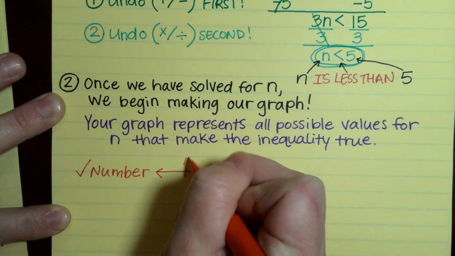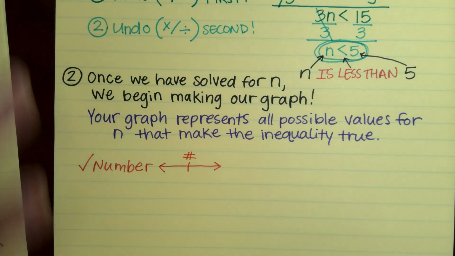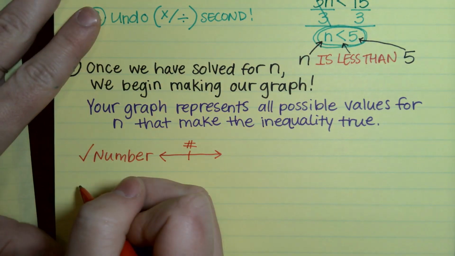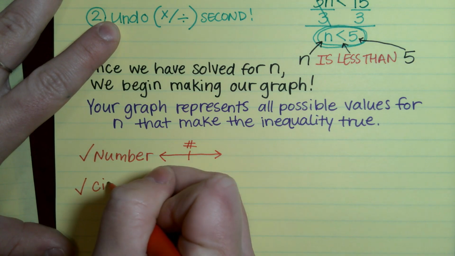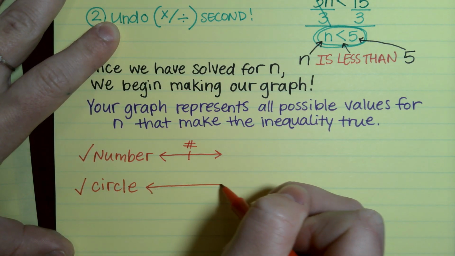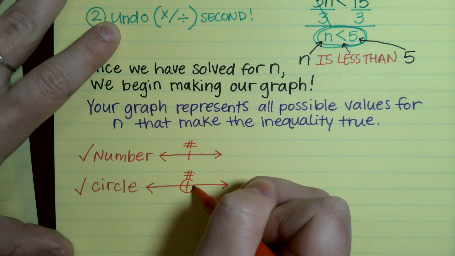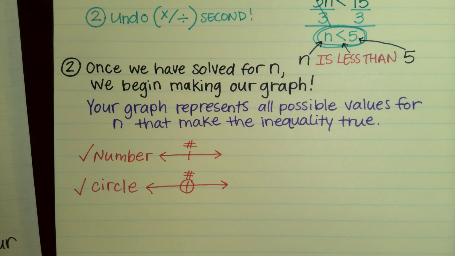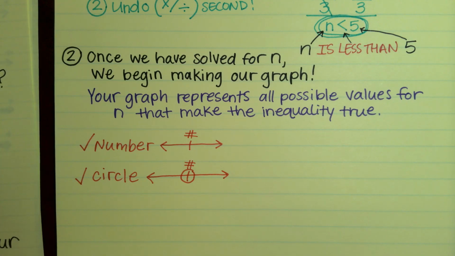The next thing your graph has to have is the circle. Whether it's an open circle or a closed circle, it has to be there. It can't be shaded, right? Not for this case. But we're going to see one where we do shade it in just a minute.